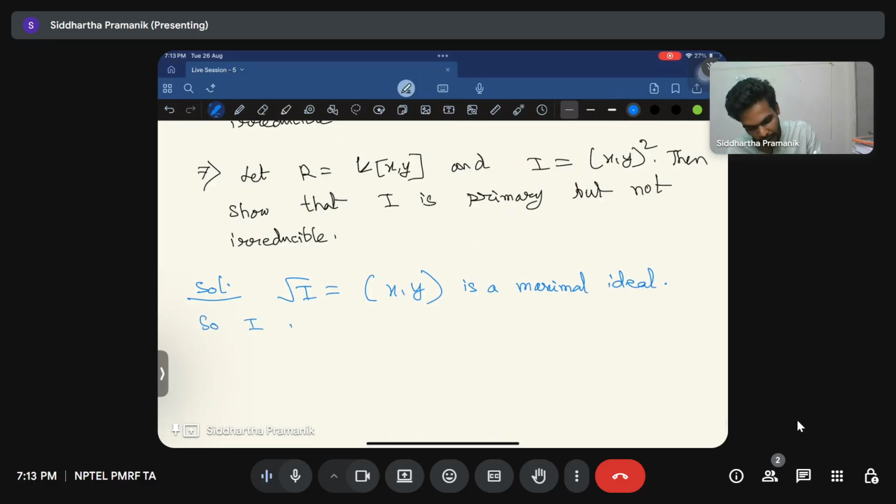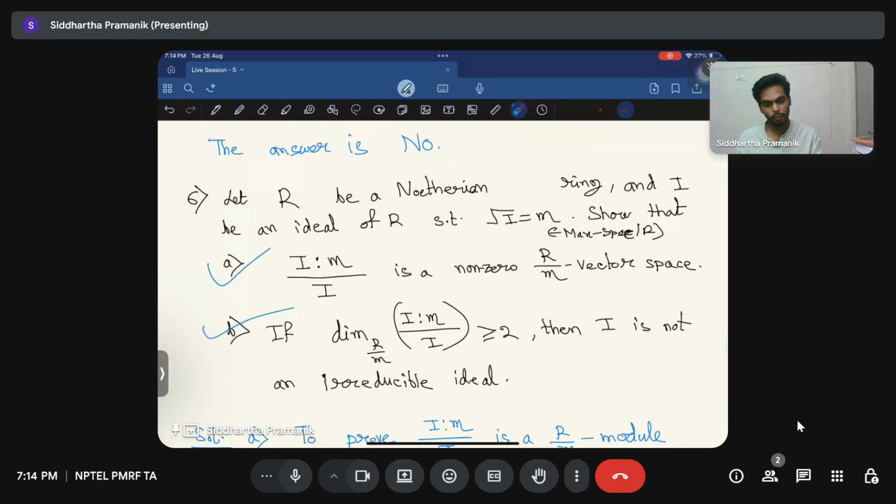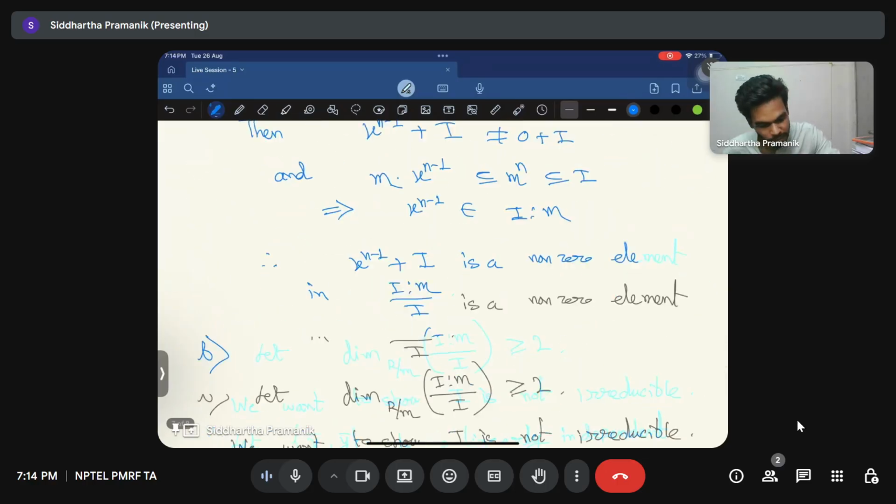So I is an (x, y)-primary ideal, so it is m-primary. So we are in the situation that we have an m-primary ideal, so we can use the previous exercise to test whether this ideal is irreducible or not. So let's use the previous exercise.